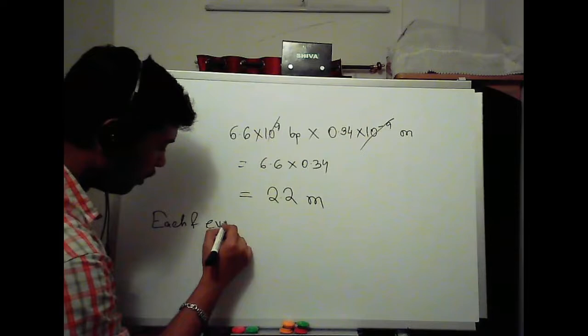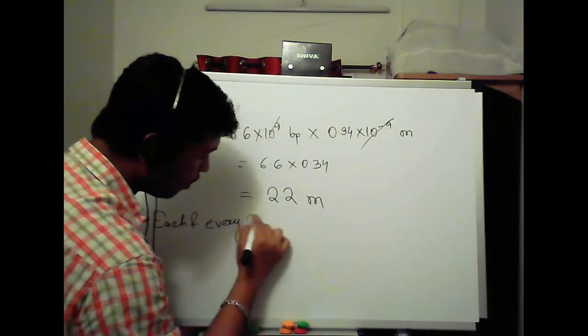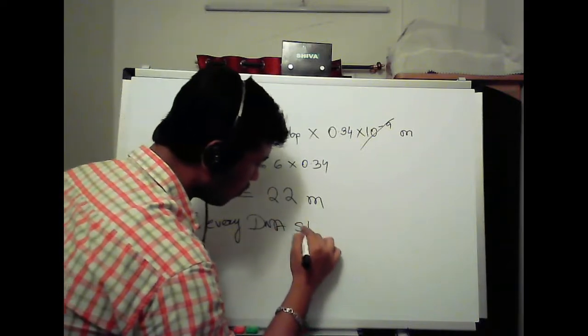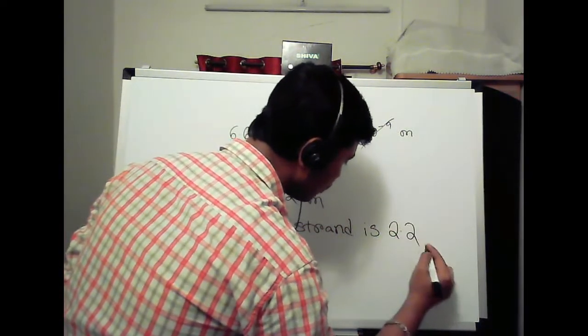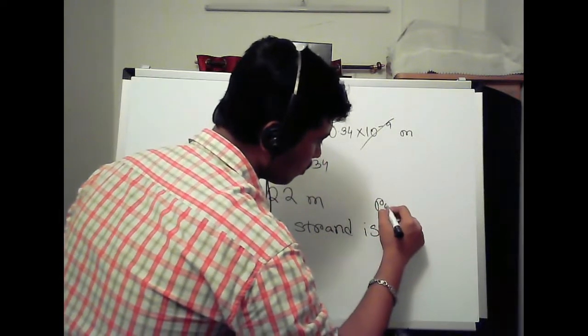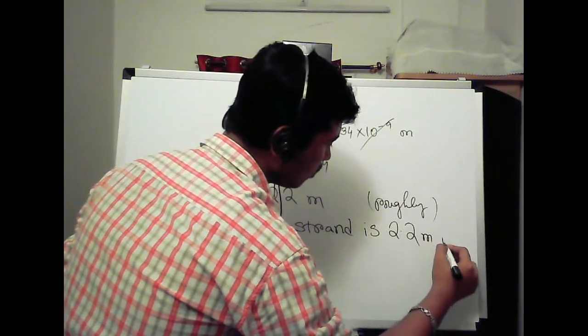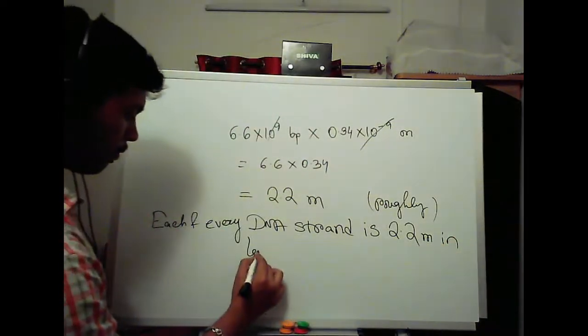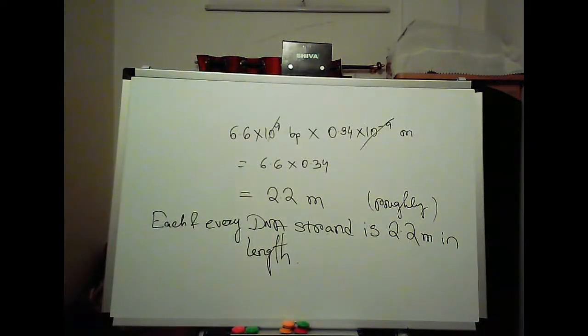Each and every DNA strand is roughly 2.2 meters in length. Roughly.